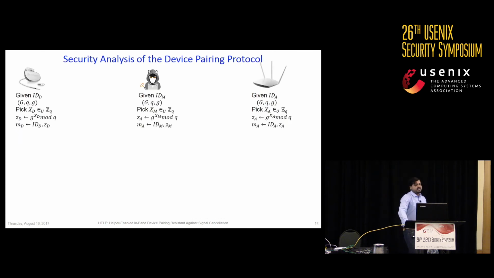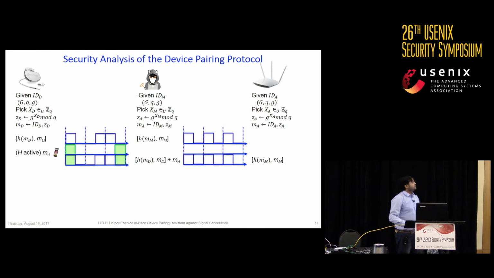And now we see how an adversary can perform a man-in-the-middle attack for the device pairing protocol. When the device is transmitting its message MD, which is superposed with the message MH from the helper, the adversary will cancel out and inject its own message MM.